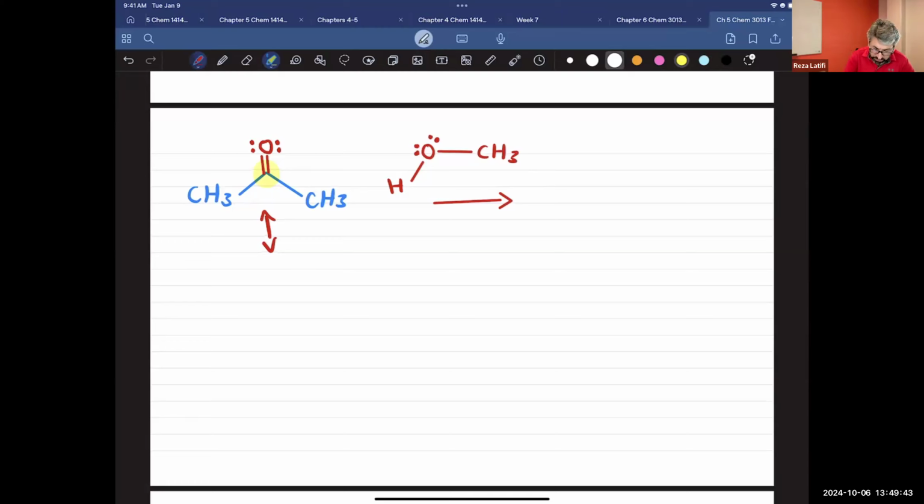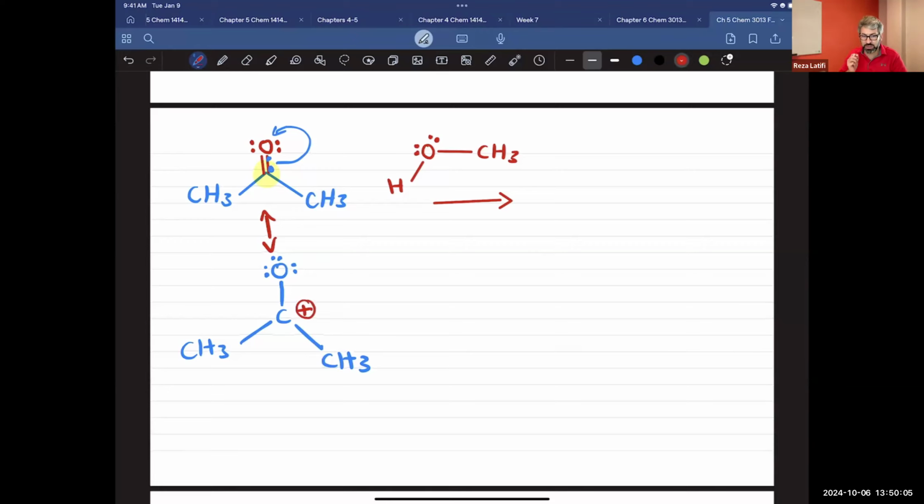Okay, let's draw the Lewis structure for it. The Lewis structure will be this, carbon, CH3. Let's take those two electrons and give them to oxygen. If we do it, we will get oxygen with three lone pairs, and the central carbon is going to have a positive charge. Now we know where to attack.